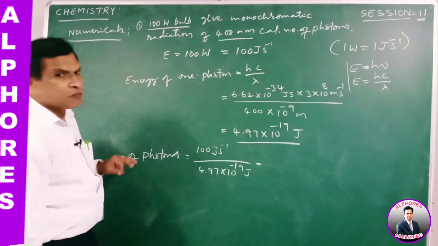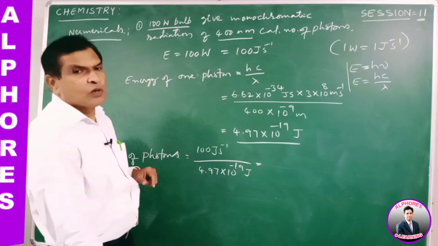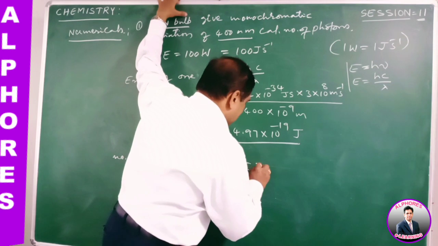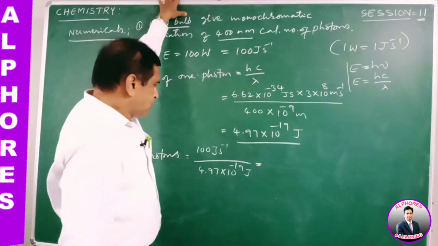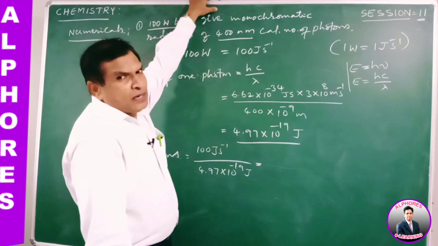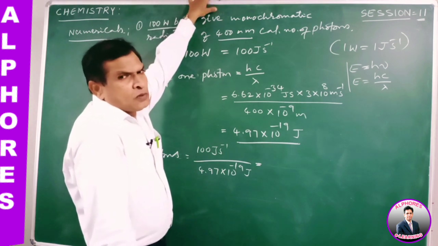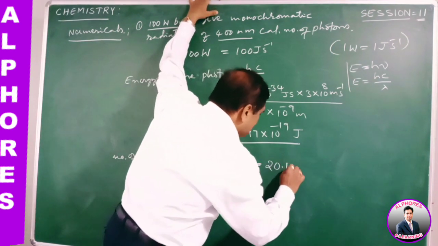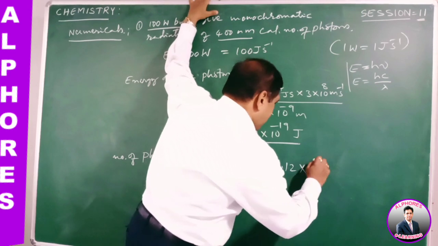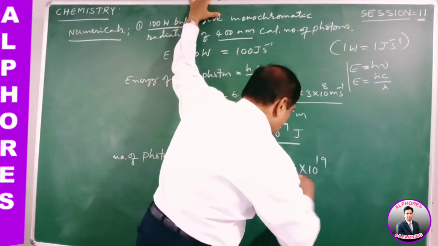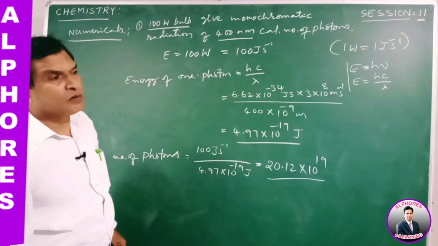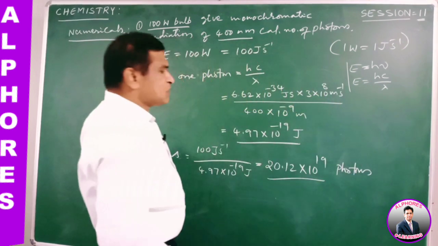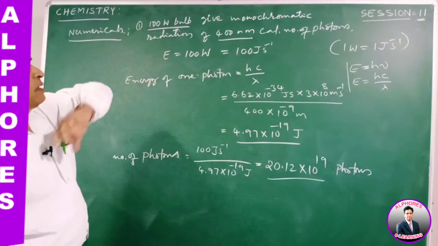That is approximately 100 by 4.97, which is 20.12 into 10 to the power 19 photons. This many photons are present in the given energy light.